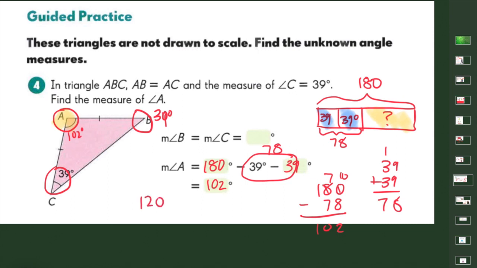Again, you know me, I like to double check, so let's just make sure that all three of these angles have a total measure of 180. 9 plus 9 is, ooh, we made a mistake somewhere. Let me come back and check.